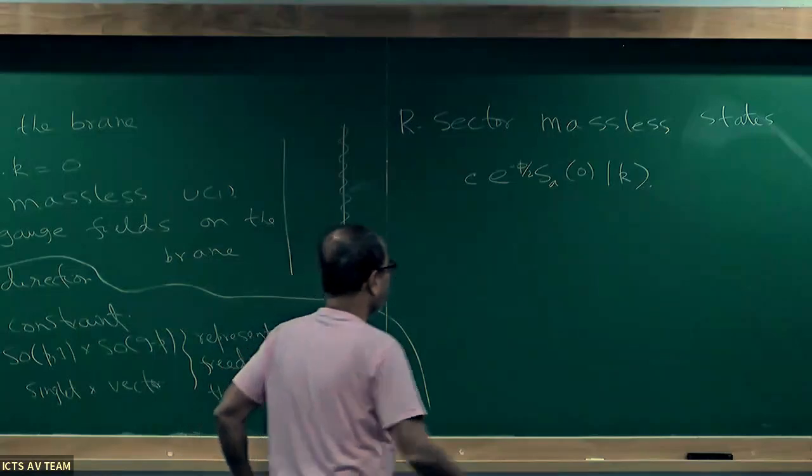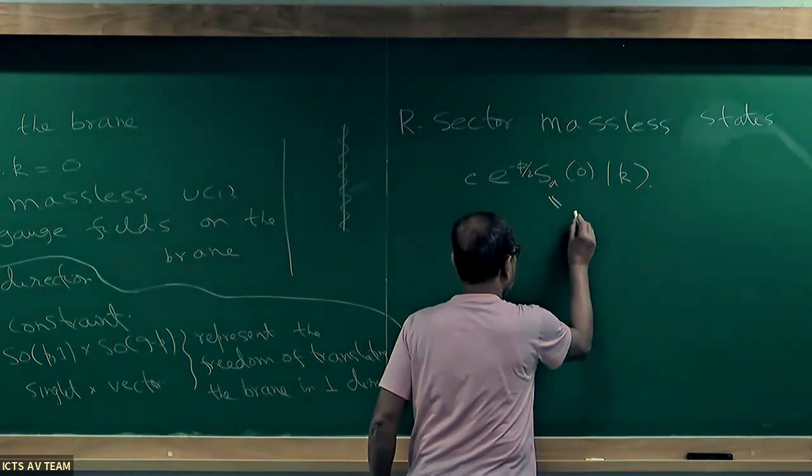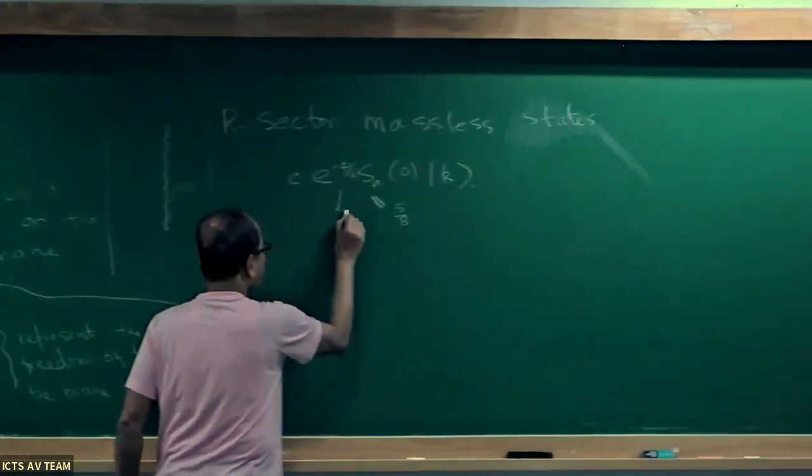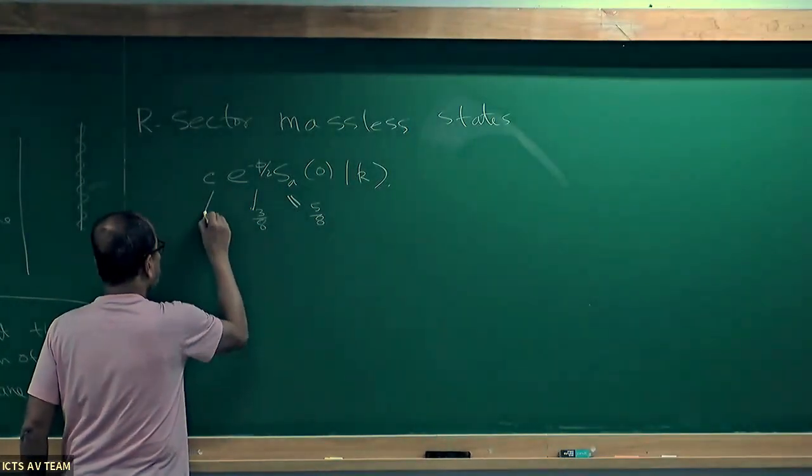Let me write it. And the total dimension, you can again check that it adds up to 0, because this is dimension 5/8, this is dimension 3/8, and this is dimension -1.